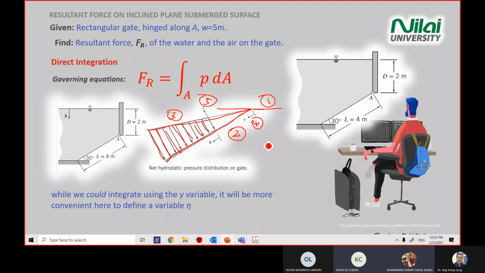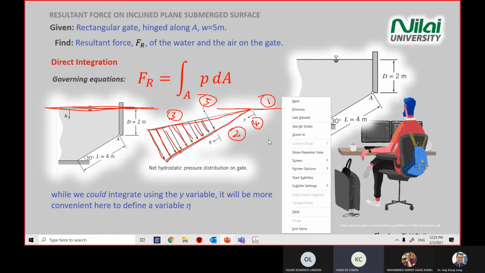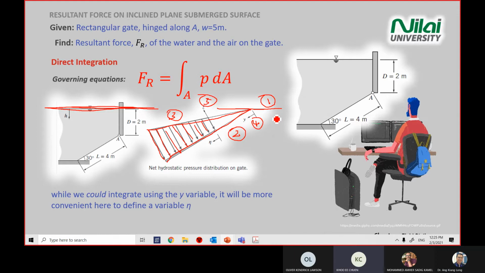Means the first step is the horizontal line. This one. The water level. Okay. And then the second step is a line to the bottom, an inclined plane. Okay.